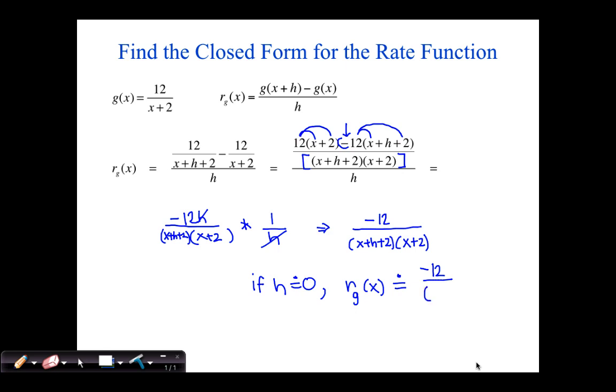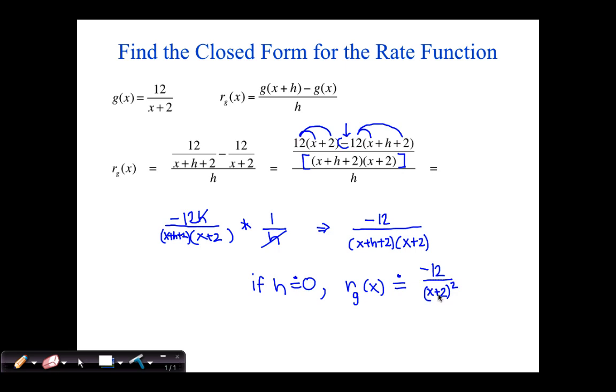And the other one is already an x plus 2. So I've essentially got x plus 2 twice as factors in the denominator. So here is our exact rate of change function for this g of x. It looks kind of similar to the original. We're going to talk about some more patterns with this. This is tomorrow's or Wednesday's task.